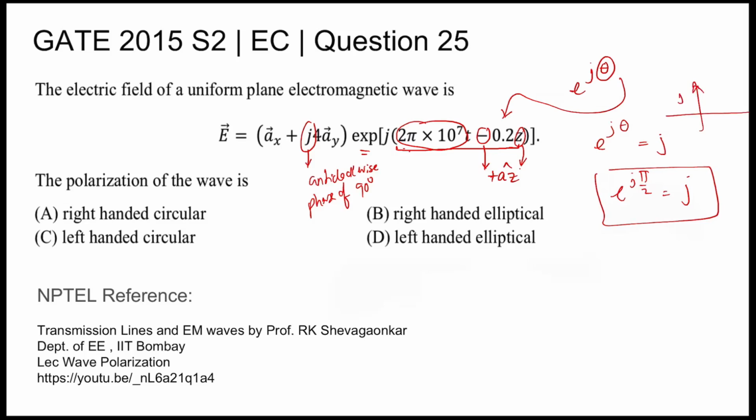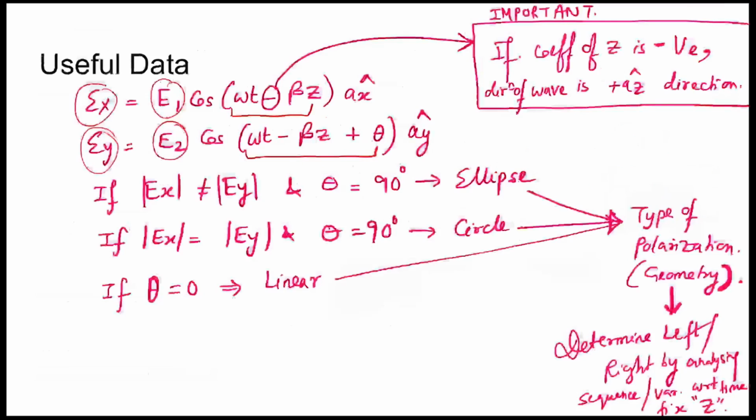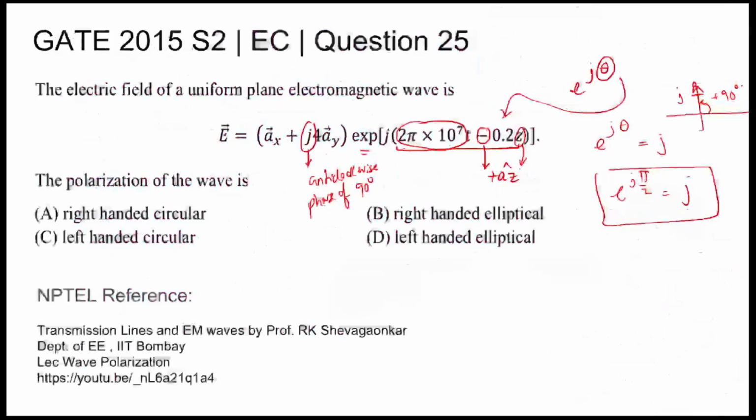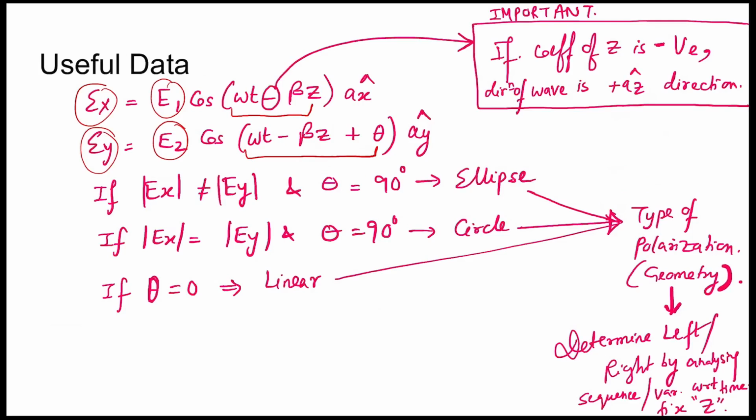So this is j, it is plus 90, so the difference is 90 degrees. Also, you can see the magnitudes are 1 and 4, so they are not equal, so it is an ellipse. The type of polarization should be ellipse.